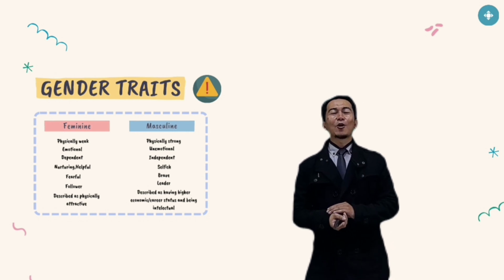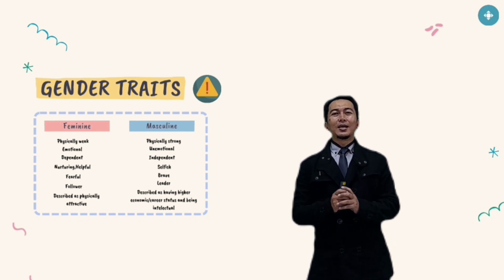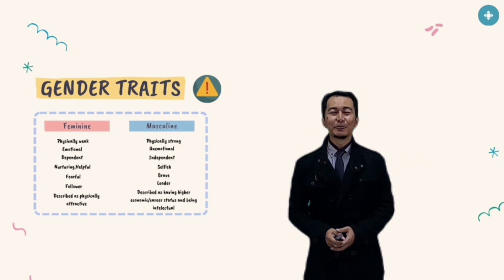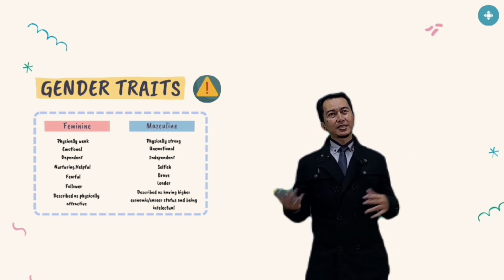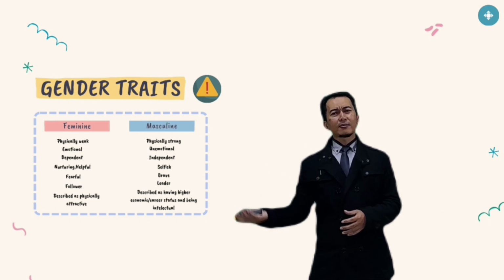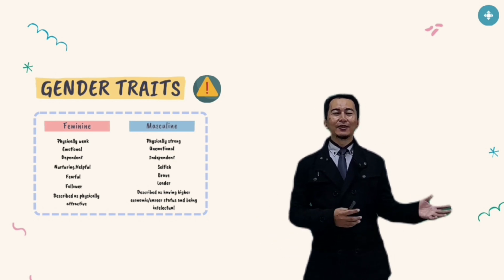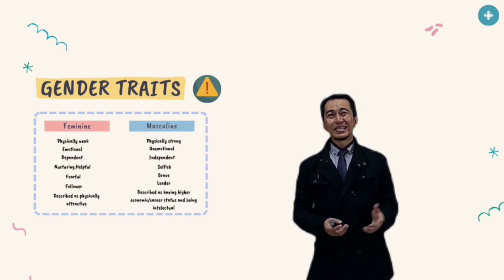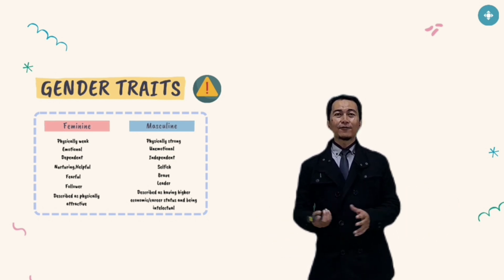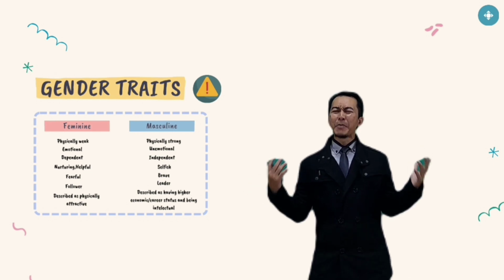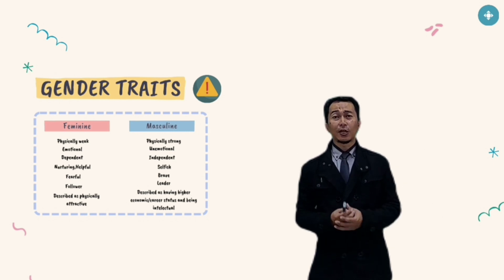Next, nurturing or helpful. In this case, feminine tends to be nurturing. Nurture would be in contrast to nature. Man would be natural and woman would be nurturing. And then helpful. For feminine, this is helpful. But for men, the trait is selfish.